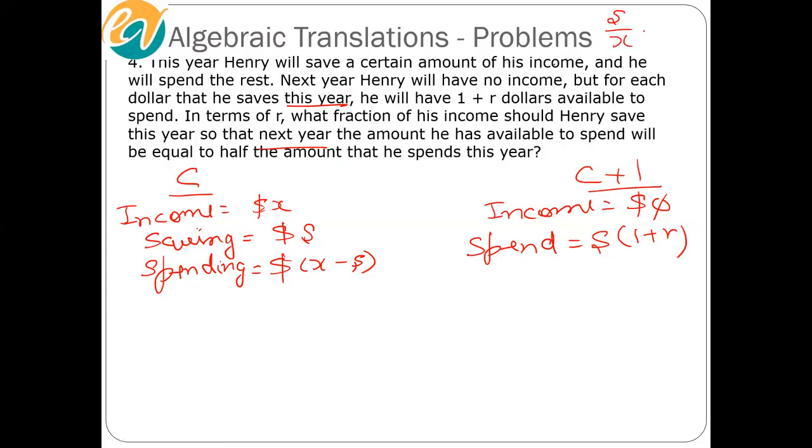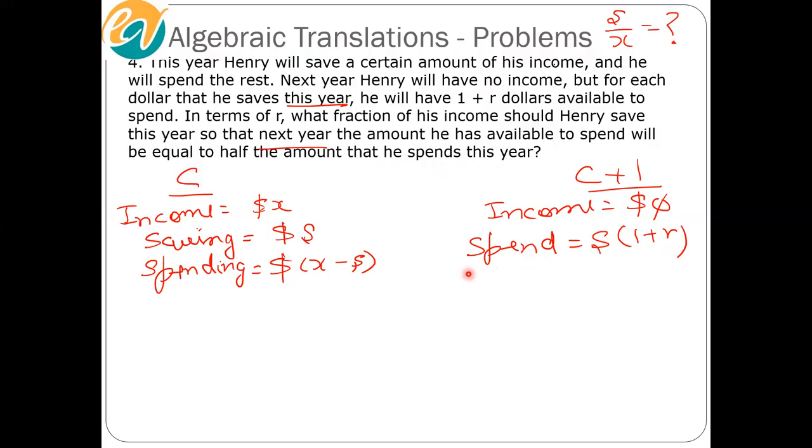Absolutely, S by X. This is what we have to find out. So what fraction of his income should Henry save this year so that next year the amount he has available to spend will be equal to half the amount that he spends this year.